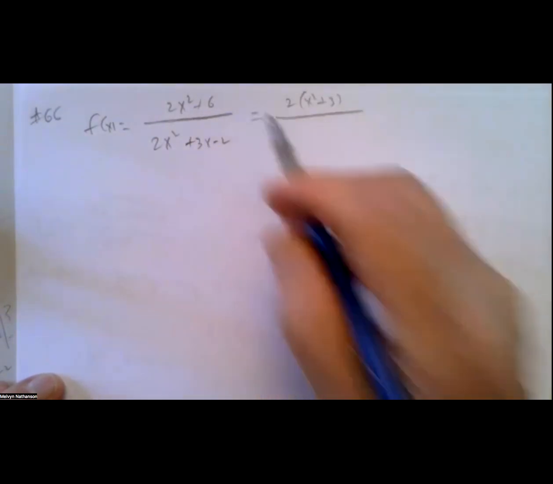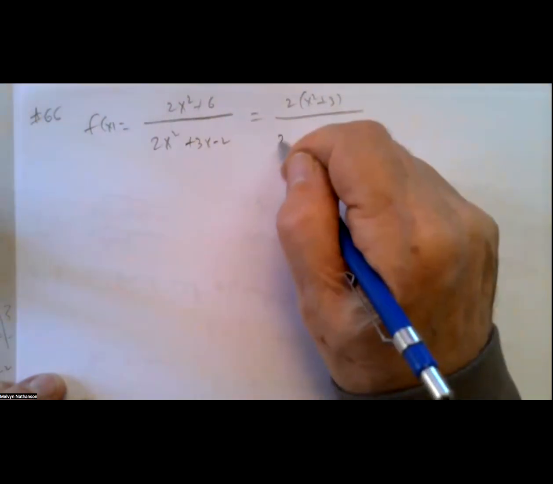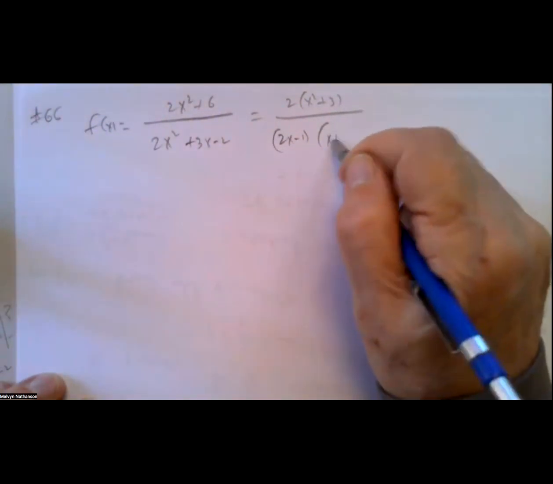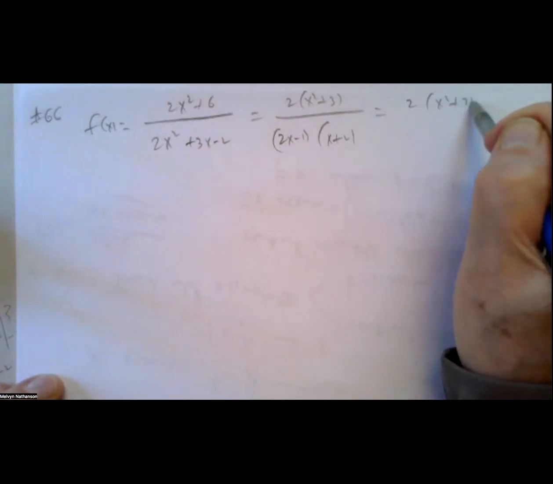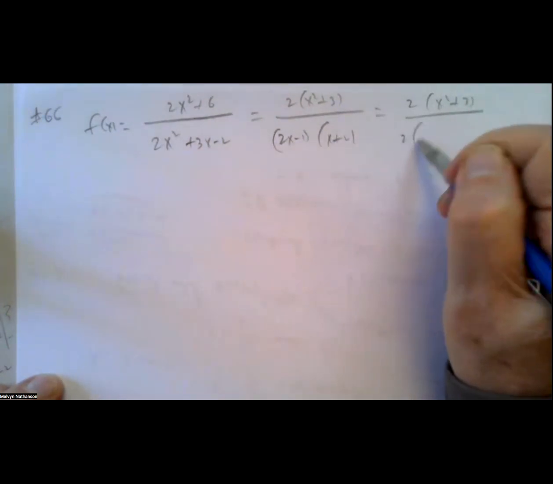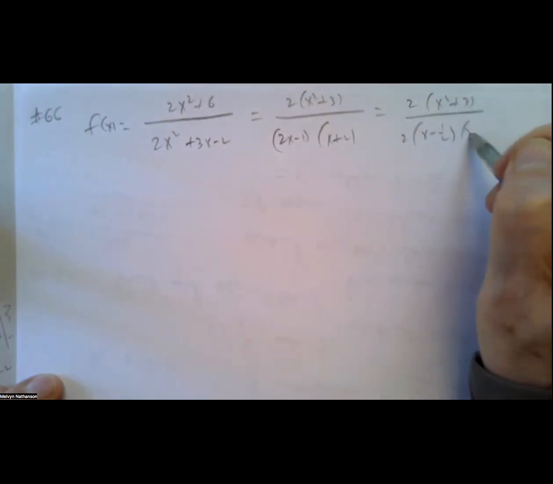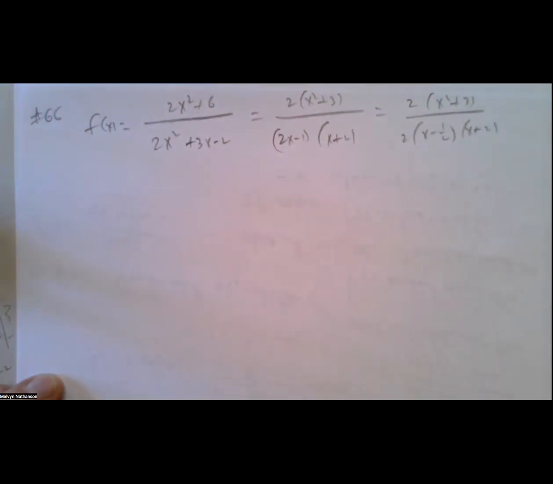And we saw the denominator factored into 2x minus 1 times x plus 2. Or I could write that as 2 times x squared plus 3 over 2 times x minus a half, x plus 2.